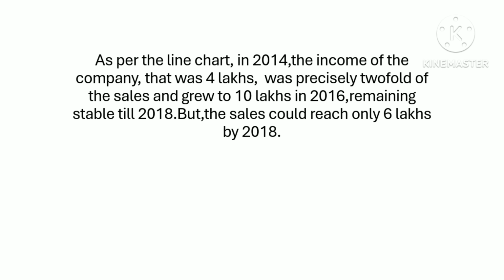As per the line chart, in 2014, the income of the company, that was 4 lakhs, was precisely, which means exactly, twofold, which means double, of the sales, and grew to 10 lakhs in 2016, remaining stable till 2018. But the sales could reach only 6 lakhs by 2018. Now you can read it, but read it carefully.